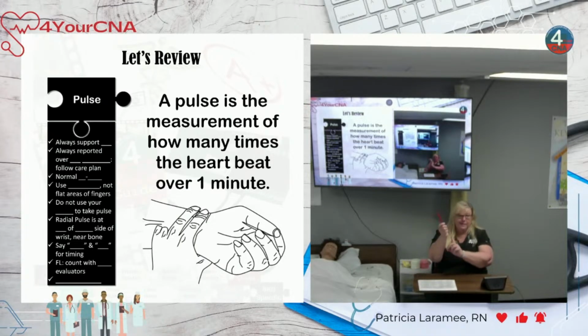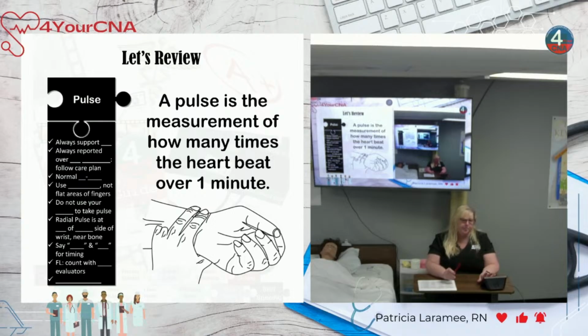Not the bottom of the wrist, the top of the wrist by the thumb. Once you've taken the pulse, make sure the arm is supported while you're taking the pulse. After you've taken the pulse, what do you need to make sure that you do with that number? Document it, write it down. Very good. In Florida, you may have to count with 2 evaluators for this skill.